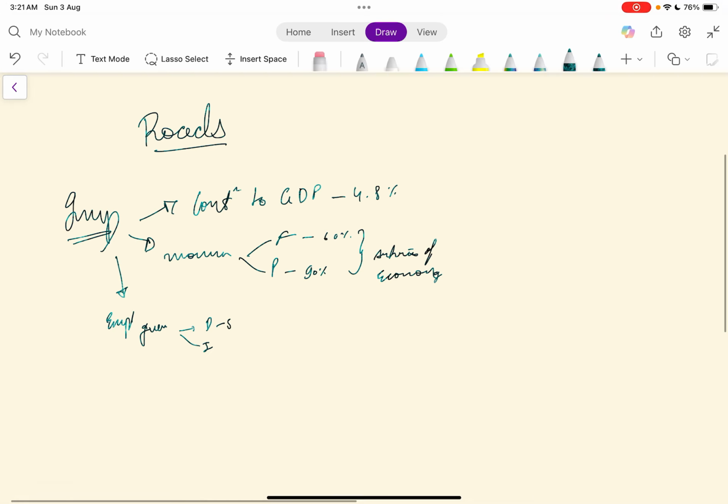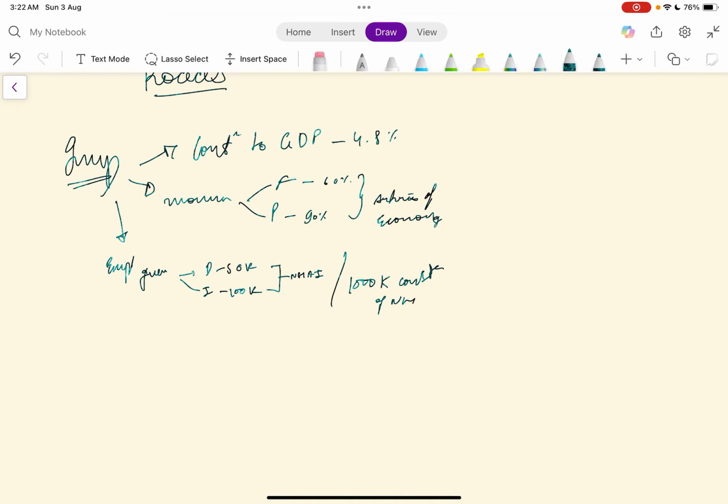Direct is 50k, indirect is 100k. And who is saying this? It is said by NHAI for building national highway of around 1,000 kilometers.